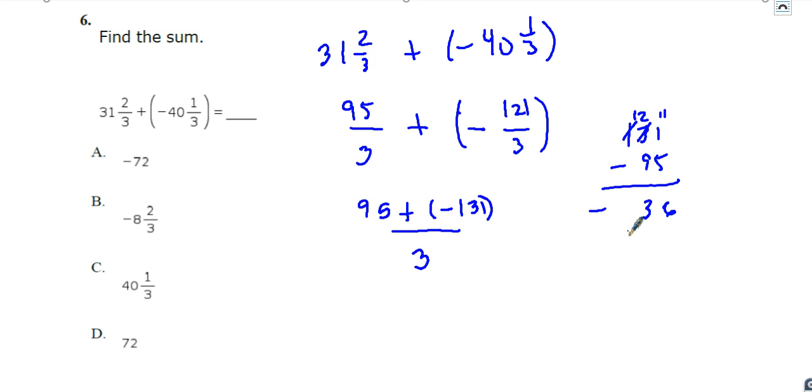There's nothing left, so 36. But again, because the negative number was larger, it's going to be negative 36 over 3. At this point, negative 36 over 3 is going to be negative 12.